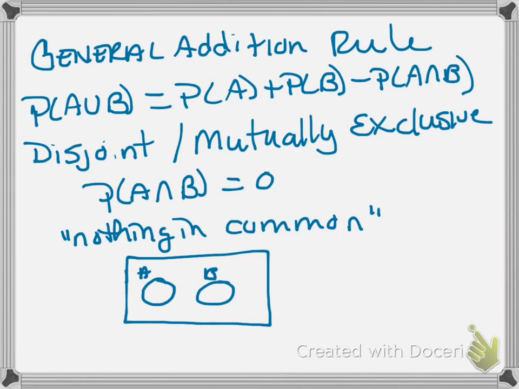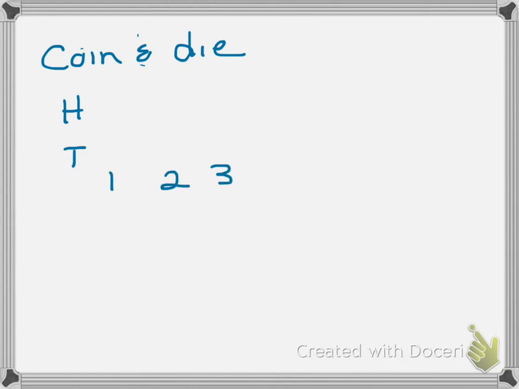All right, so let's go talk about the general addition rule. Let's say I have a coin and a die. The choices of a coin are either heads or tails, and the choices of a die are 1, 2, 3, 4, 5, or 6. How many possibilities can I get?